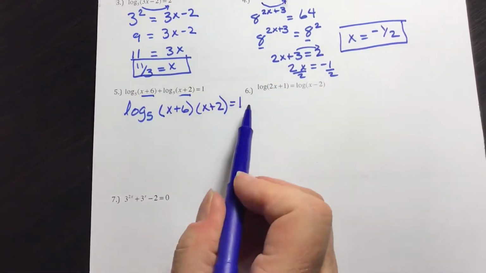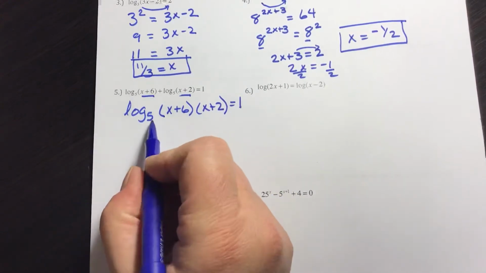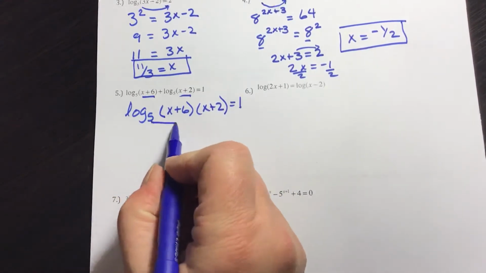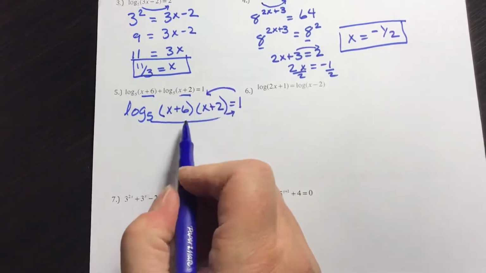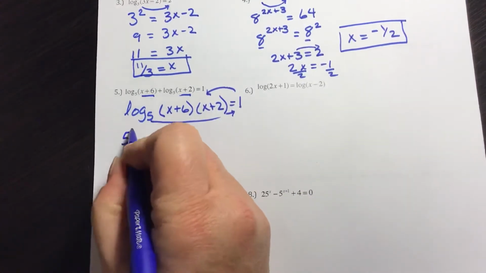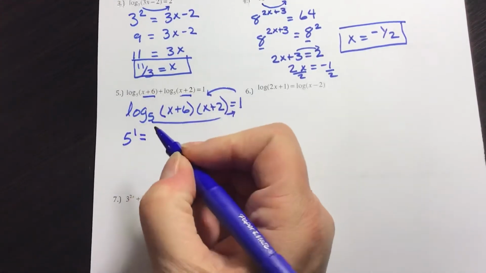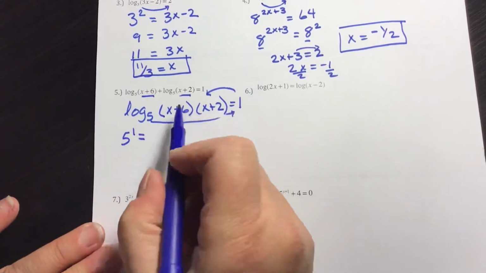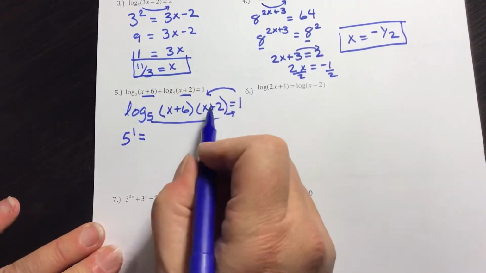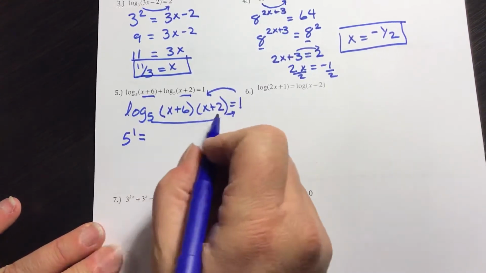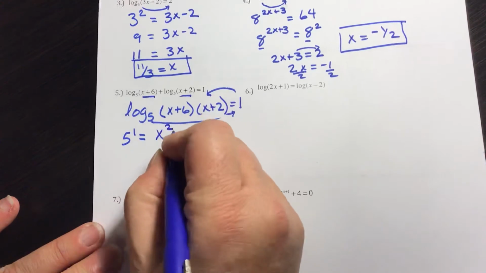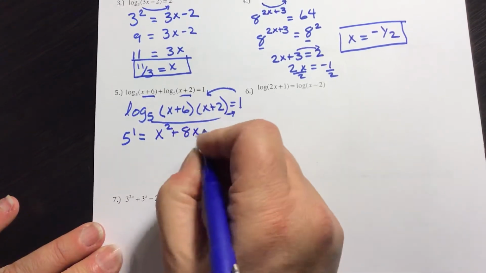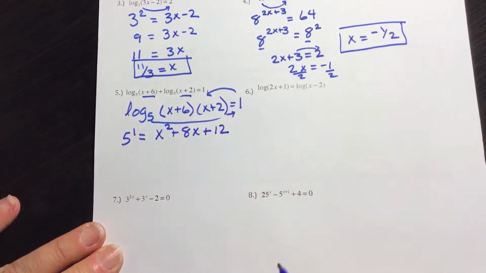Now I can write this as an exponential sentence where I have a base of 5 to the first power equals this right here. So I have 5 to the first equals, and I'm just going to multiply this out to save space. So this is going to be x squared plus 8x plus 12.